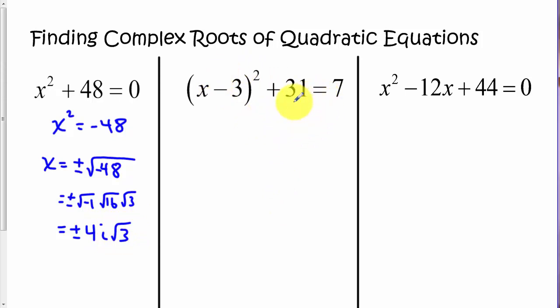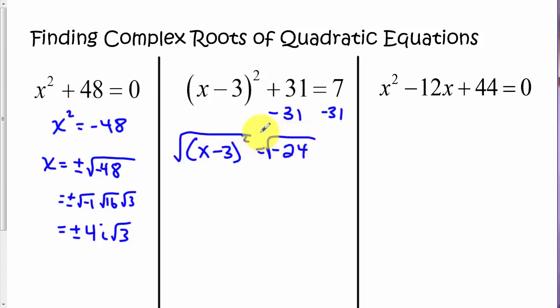This one's similar, except we don't have just x squared, but we do have a squared item, so we want to get that by itself. So I'm subtracting the 31 to get it to the other side. Now I can square root both sides of the equation, remembering to take both the positive and the negative square root.